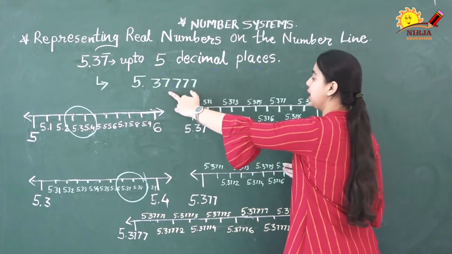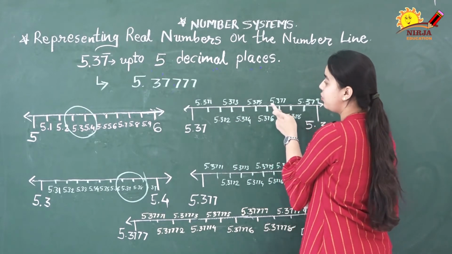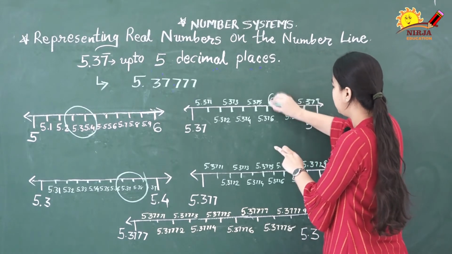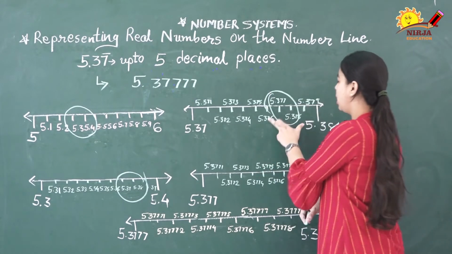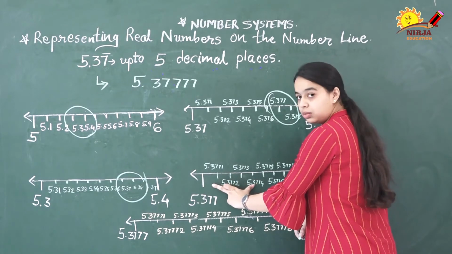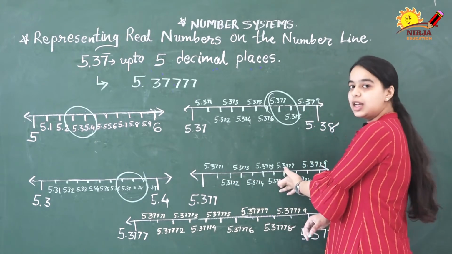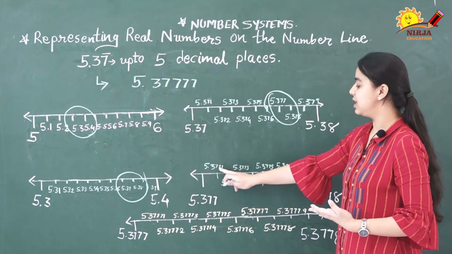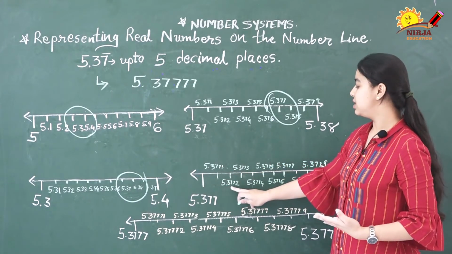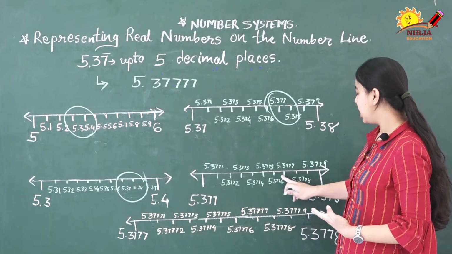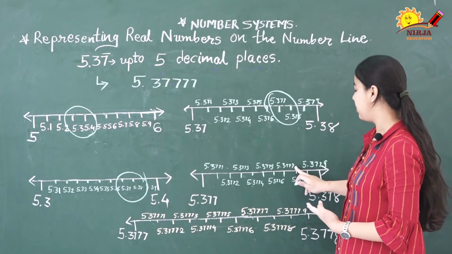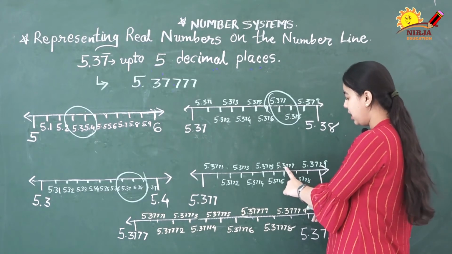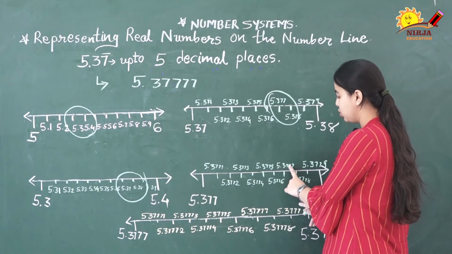Again this number lies between 5.377 and 5.378, this portion. Again I have taken this portion, divided it into 10 equal parts and started with 5.3771, 5.3772, and here 5.3777. This is only up to 4 decimal places, 5.3777, 1, 2, 3, 4.